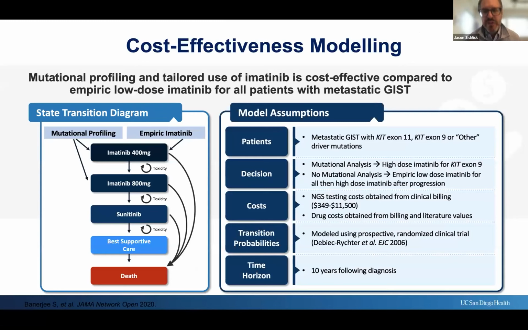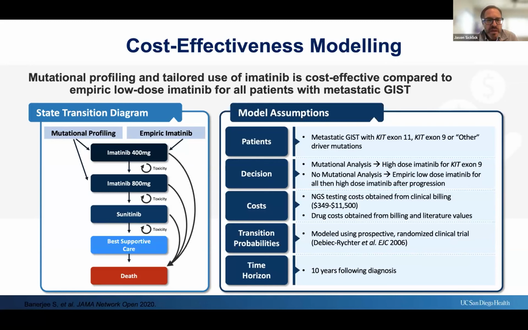We actually asked a question, and I'm not going to get into this in strong detail, but we actually did cost effectiveness analysis modeling to ask the question of, was mutational profiling and tailored use of imatinib cost effective compared to just giving everybody imatinib for all patients that presented with metastatic GIST?